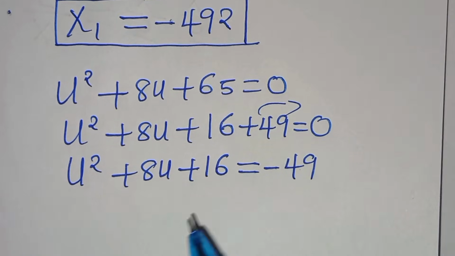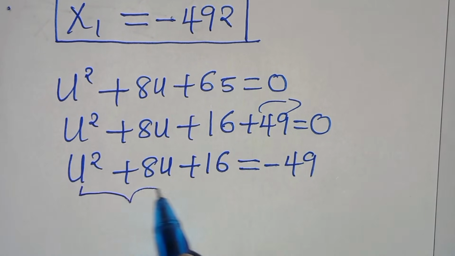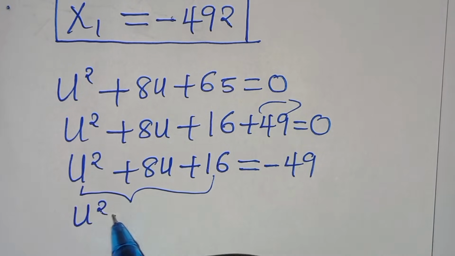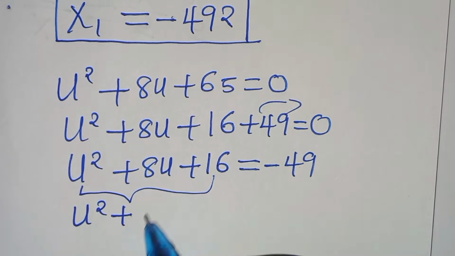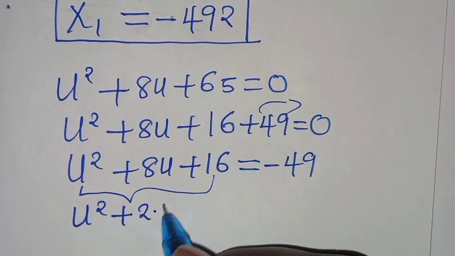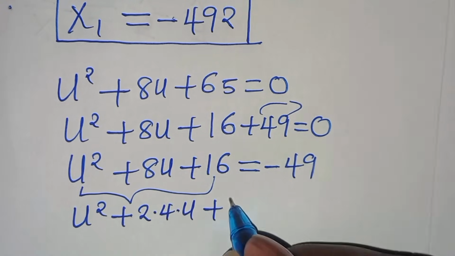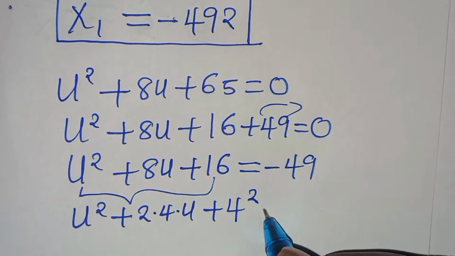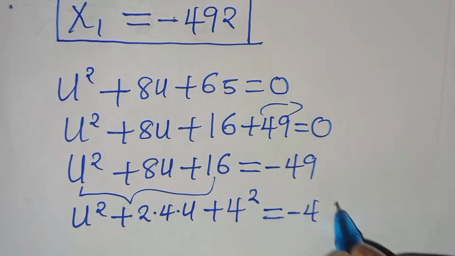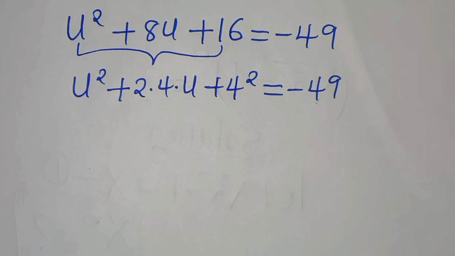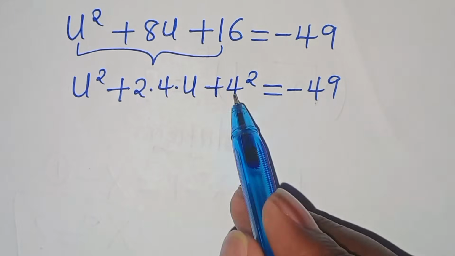Now we can express this quadratic equation as u^2 + 2 times 4 times u + 4^2 = -49.